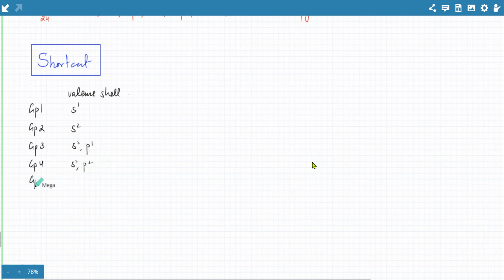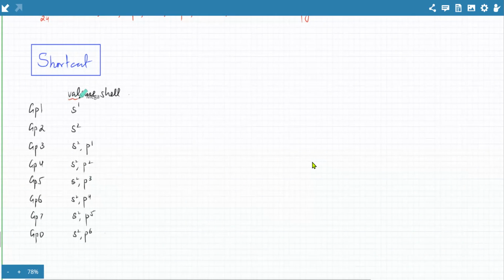Group 5 is going to be S2 and P3. 6 would be S2 and P4. 7 is S2 and P5. And 8 is S2 P6. So these are the electronic configurations of the valence shell, the outermost shell of all the elements.